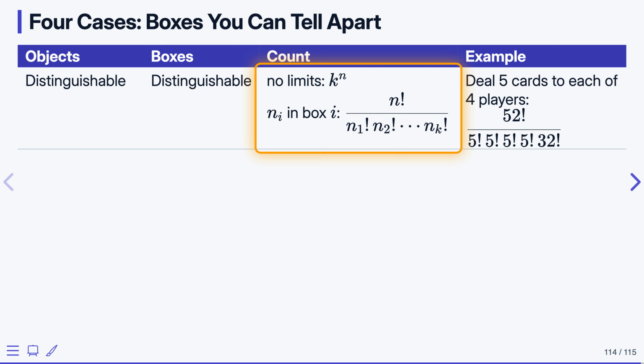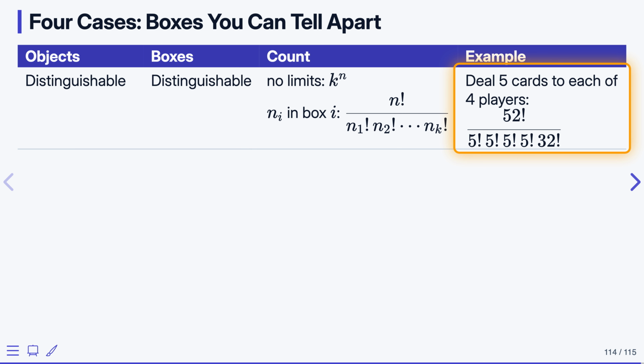If instead we fix how many go where, with n sub i objects in box i, the count is n factorial over the product of the type factorials. For example, deal 5 cards to each of 4 players from a deck of 52. That count is 52 factorial over 5 factorial, 4 times 32 factorial for the leftover cards.